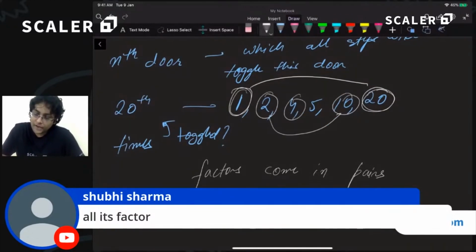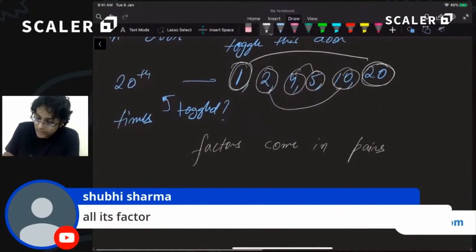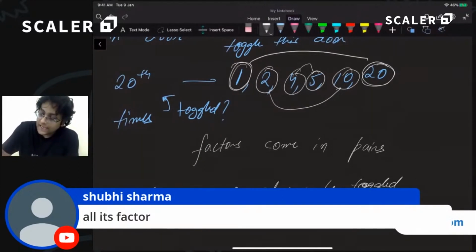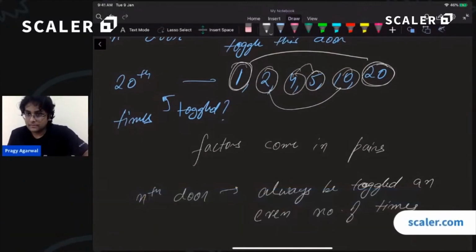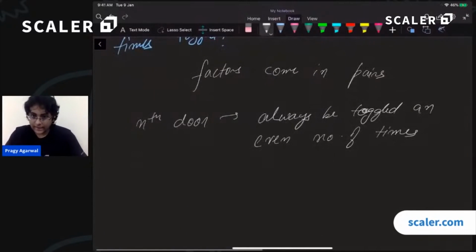For step number 4, we have step number 5. So we know that the nth door will always be toggled an even number of times. Because the factors come in pairs. So every door is going to be toggled an even number of times. Is that correct?